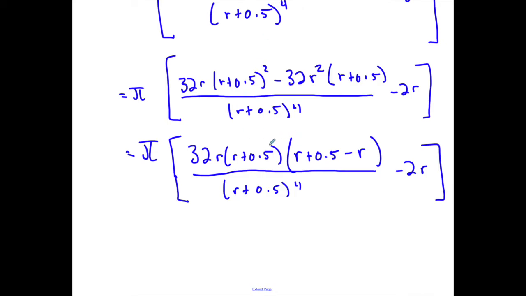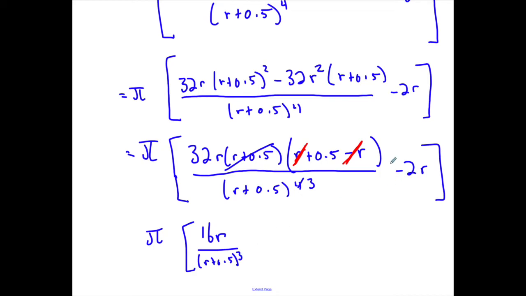Now, because this is all brought together, this will cancel out with one of these. Also, in the parentheses, this r and this r will cancel out. So what it is, it's 32r times 0.5. So set this up again: 32r times 0.5, which is 16r, and on the bottom we have r plus 0.5 to the third.